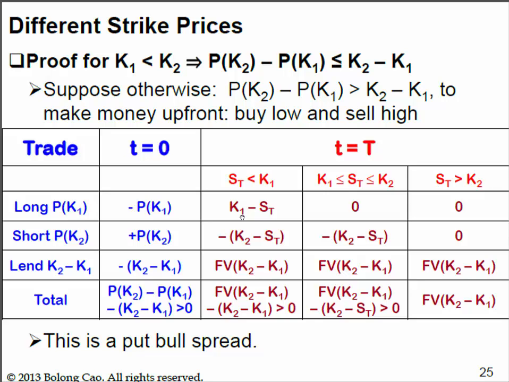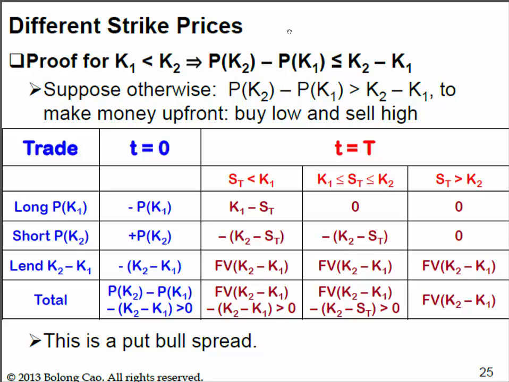At the expiration, wherever the underlying ends up, whatever the underlying price level is at the expiration, I have either 0 or positive money. This is again arbitrage profit, as long as there's no negative payoff in some of the states. As long as that is the case, this is an opportunity to make arbitrage profit.